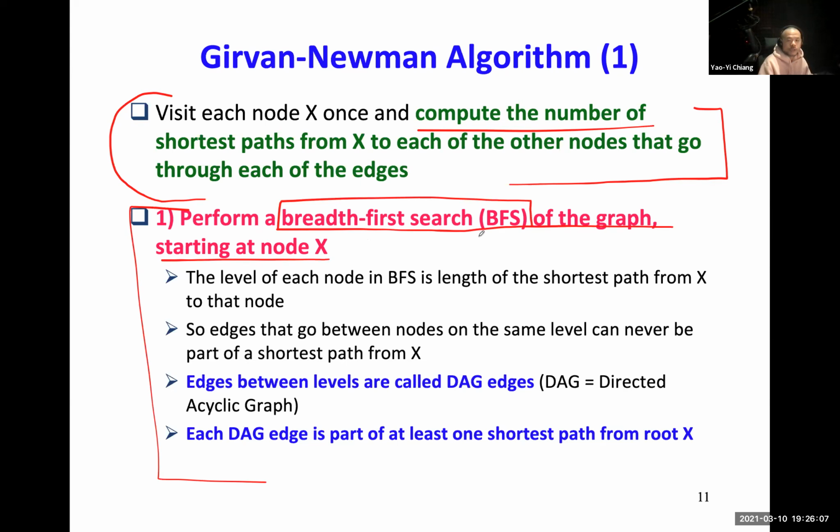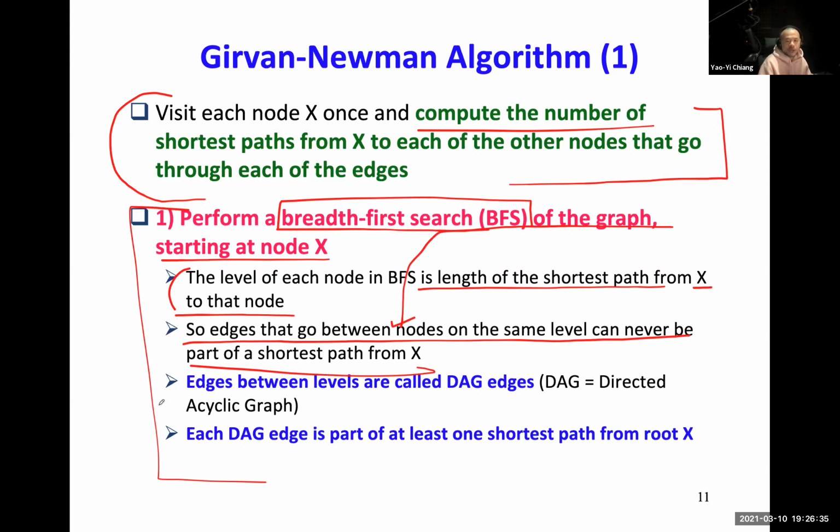Because we are doing the BFS, the level of each node in the BFS is the length of the shortest path from X to a particular node. We're going to see one example next, but let me just go through the steps here. The edges that go between nodes on the same level will never be part of a shortest path. You can ignore them, right? Because you're doing a breadth-first search.